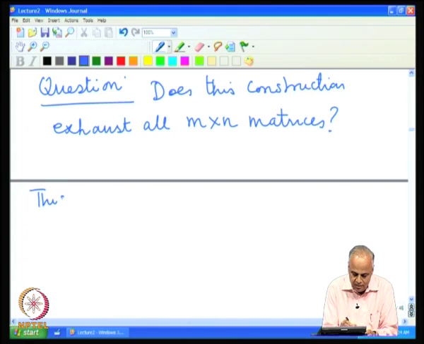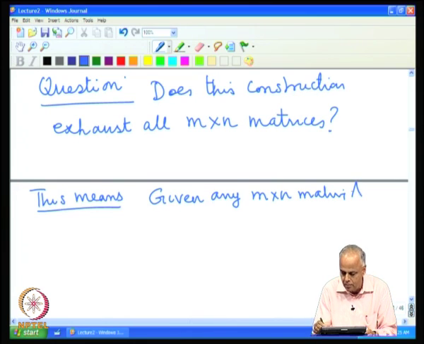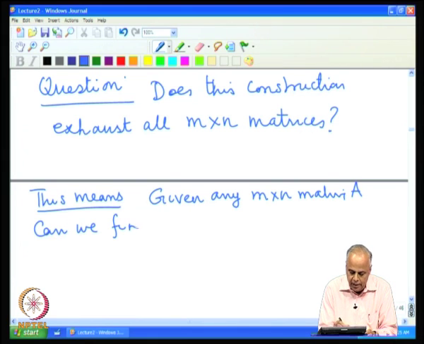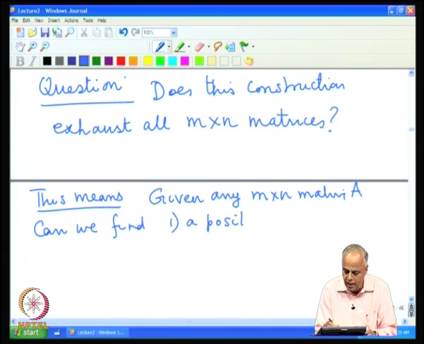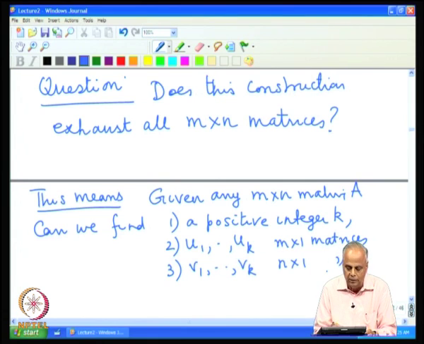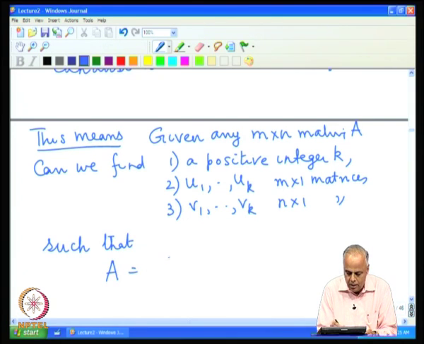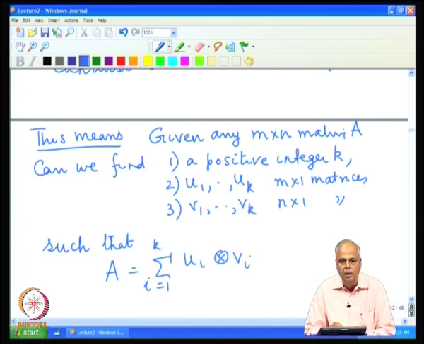This means, given any m by n matrix A, can we find 1, a positive integer k, 2, column matrices u1, u2, ..., uk, m by 1 column matrices, and v1, v2, ..., vk, n by 1 column matrices, such that A can be expressed as the sum of all these tensor products ui tensor product vi.